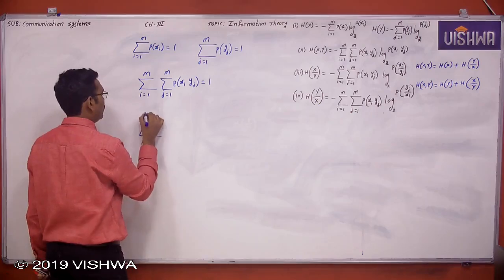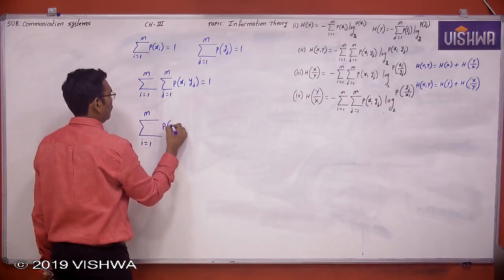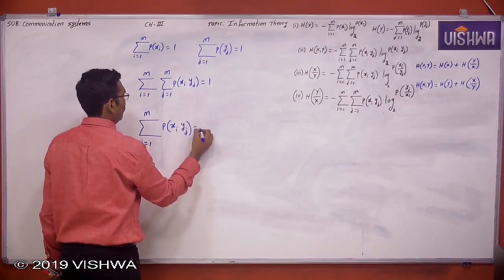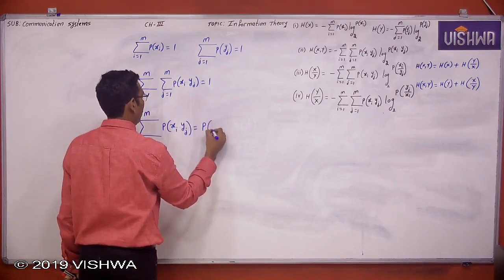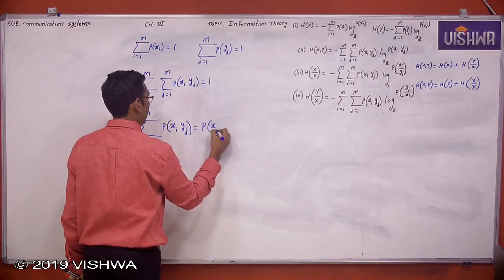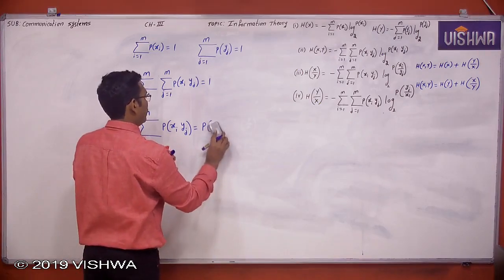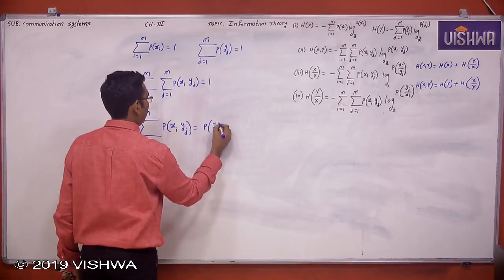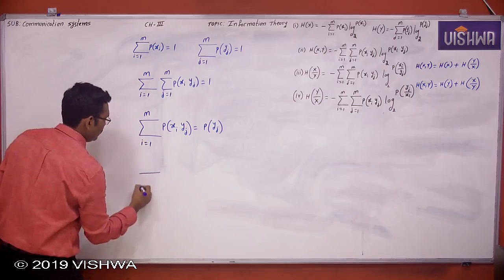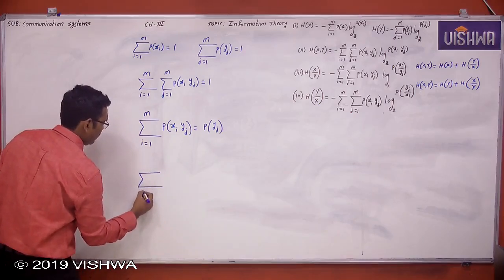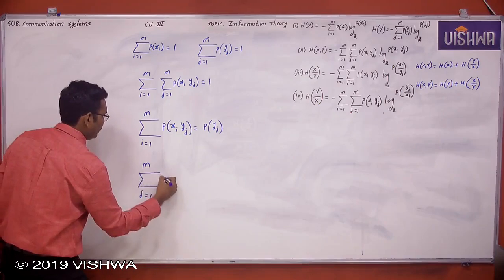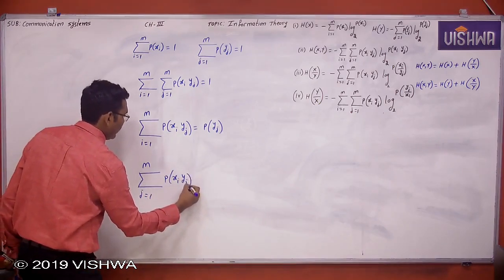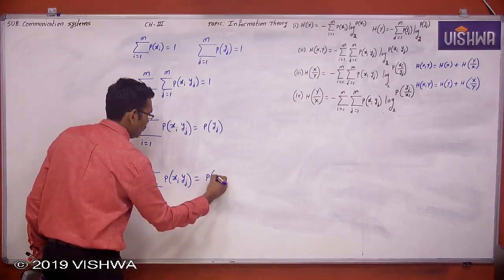Summation i equal to 1 to m, P of x_i comma y_j is equal to P of y_j. Summation j equal to 1 to m, P of x_i comma y_j is equal to P of x_i.